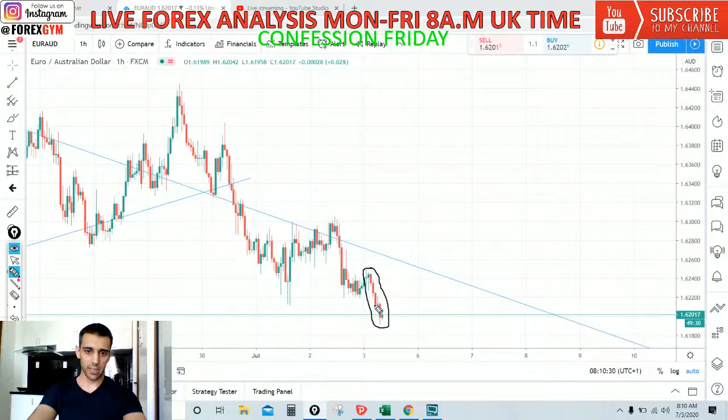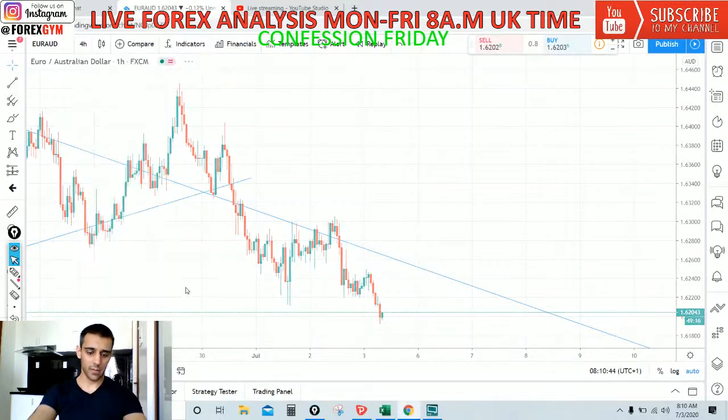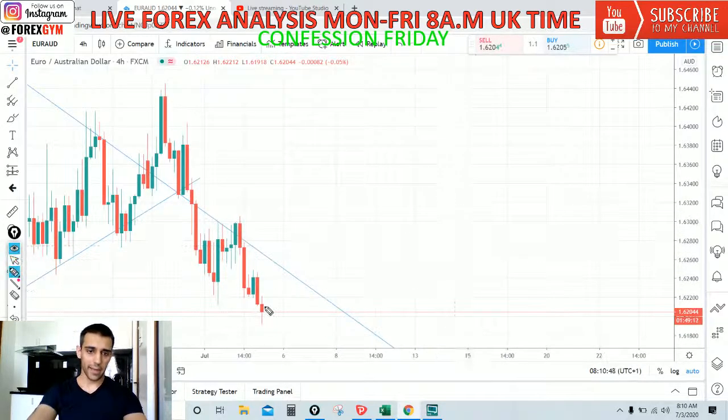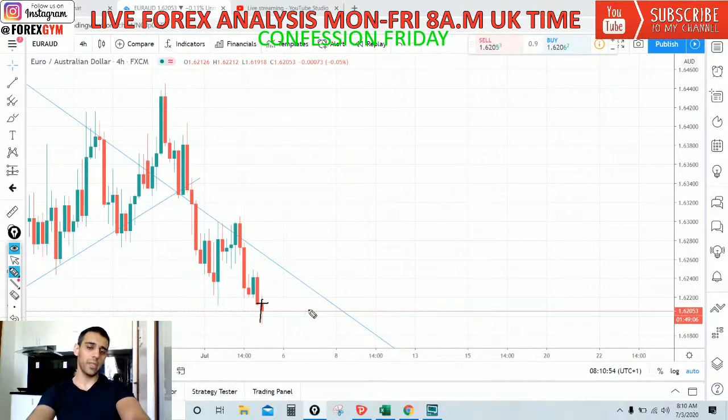The only thing I can see is I would potentially get into this one, but that would take quite some time, and by the time the price comes up here on the 4-hour time frame, the 4-hour candle is going to look something like this one, which will make a nice trade out of it.